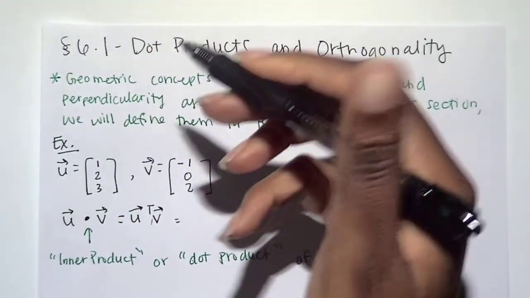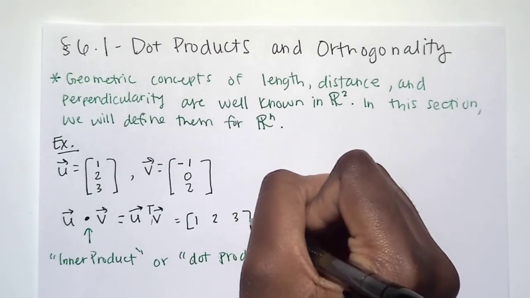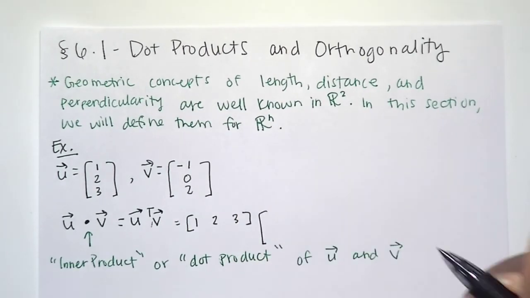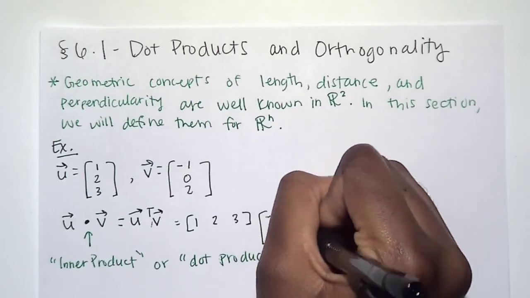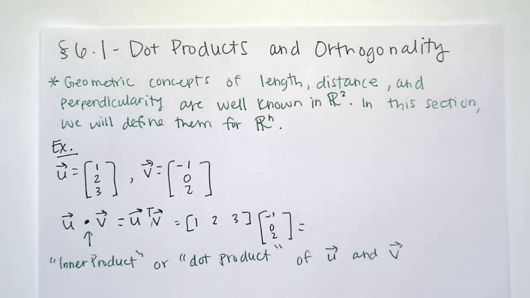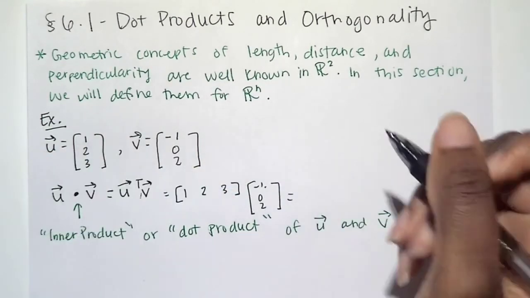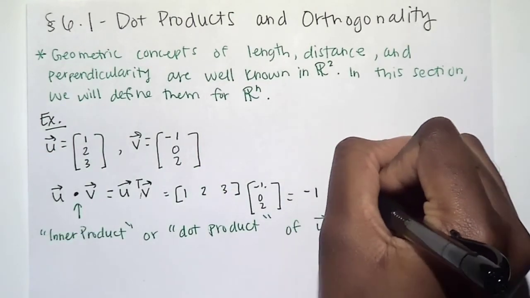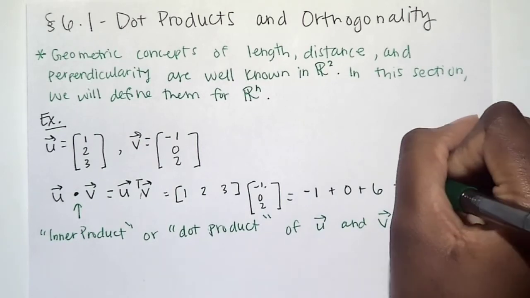Columns become rows, so this becomes a row vector multiplied by our column vector. And now this is something we can actually multiply, right? Across and down. So we'll have our -1 plus 0 plus 6. So the dot product of these 2 vectors is 5.